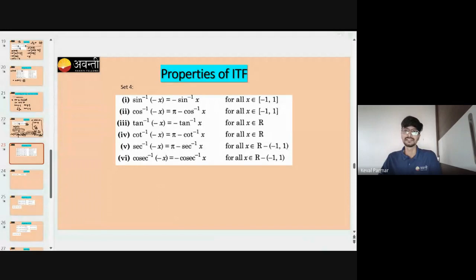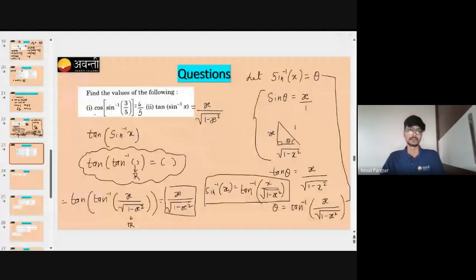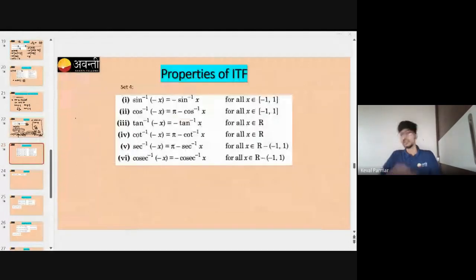We had started with properties of ITF, inverse trigonometric functions. It is divided into a total of 6 sets. We had completed up to set 3 last time, and we also did some questions. Now let's move on to set 4.